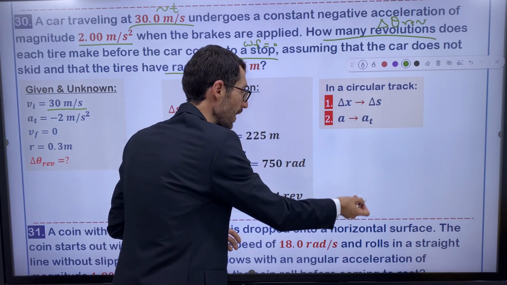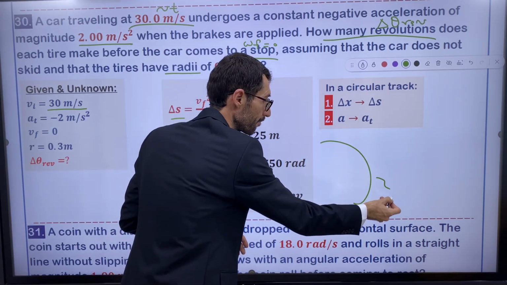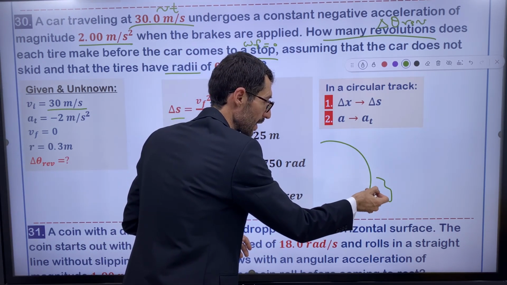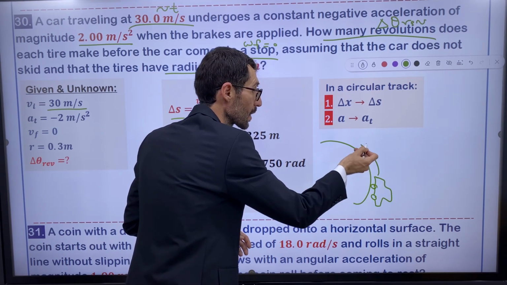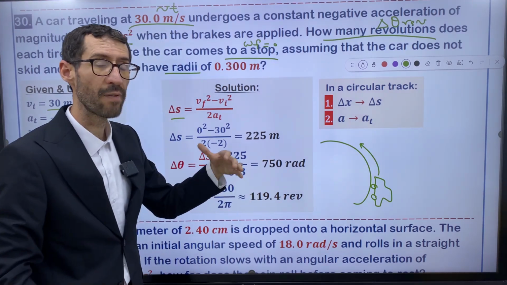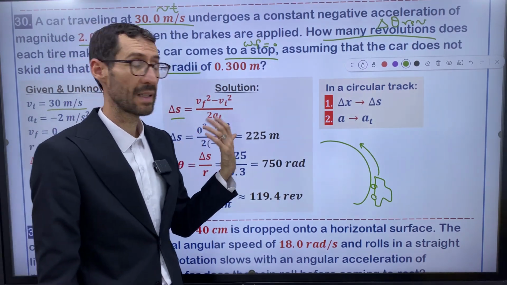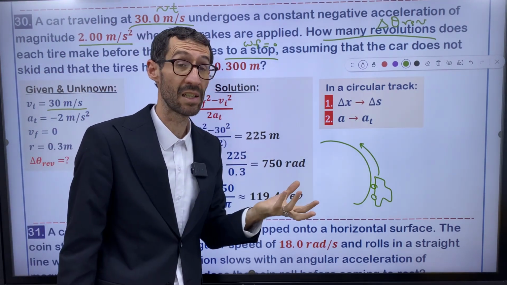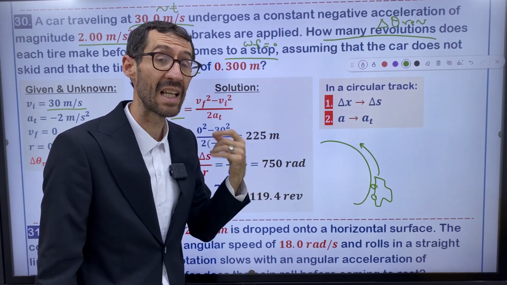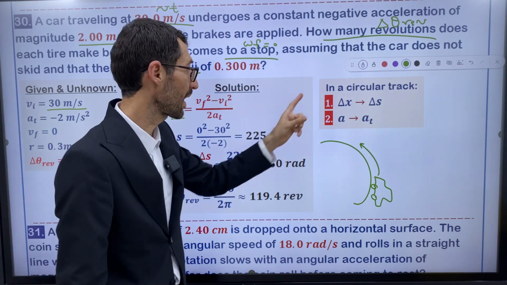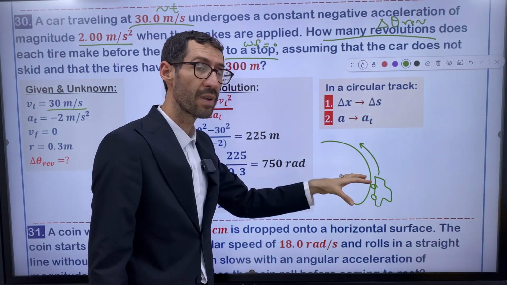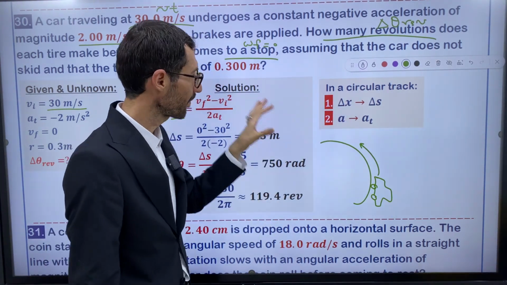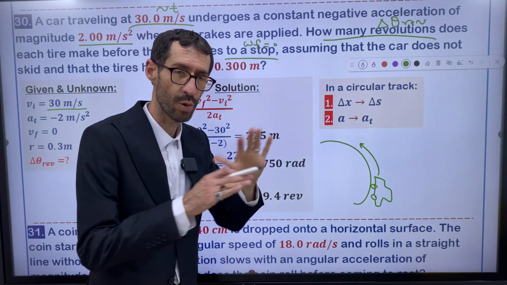In a circular track, whenever a car rotates about a circular track, the distance traveled by the car is not linear. It's not delta X, it's delta S, except for a very short time interval. But here it doesn't say very short time interval.